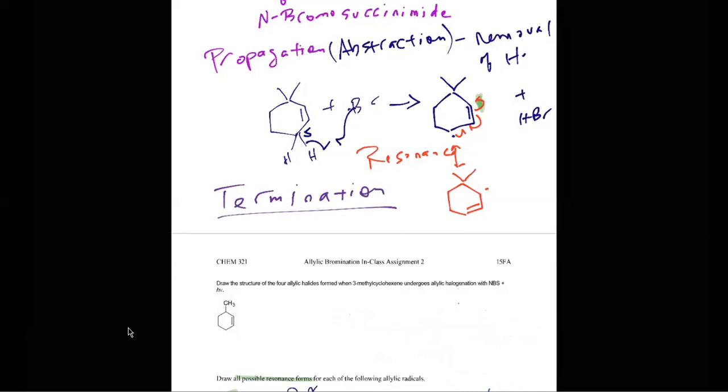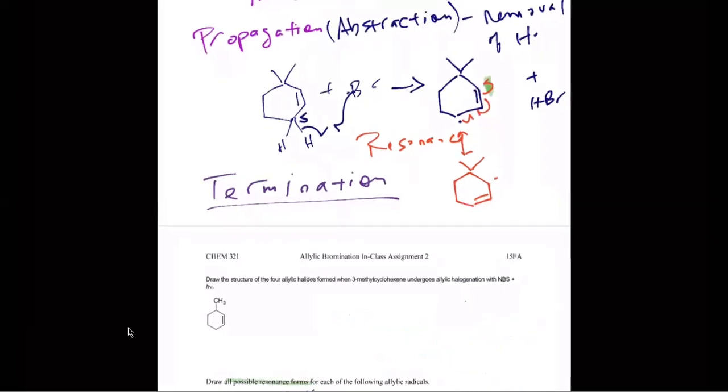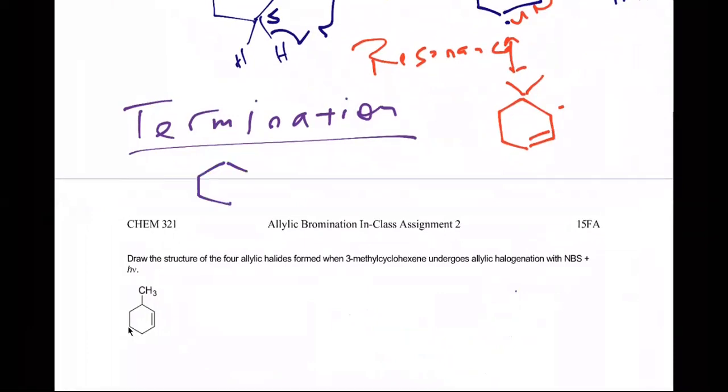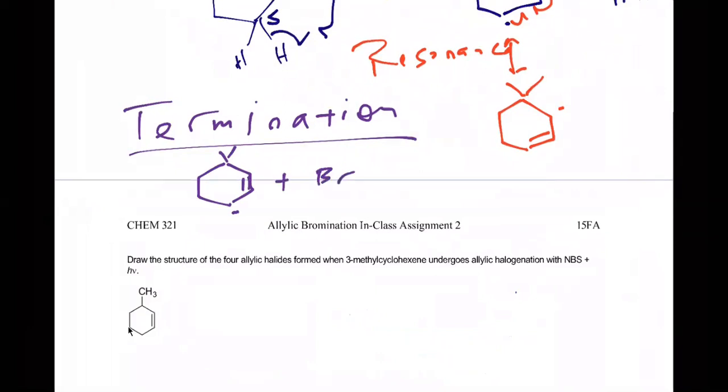So were you at the bromine? Yeah, you want to finalize the reaction, right? You're terminating off your radicals. And so you're going to take every radical that you made in propagation and pair it up with a bromine. So the results you got in propagation will be the 2 products, correct?